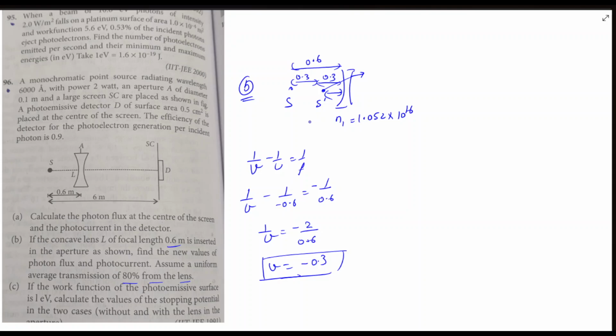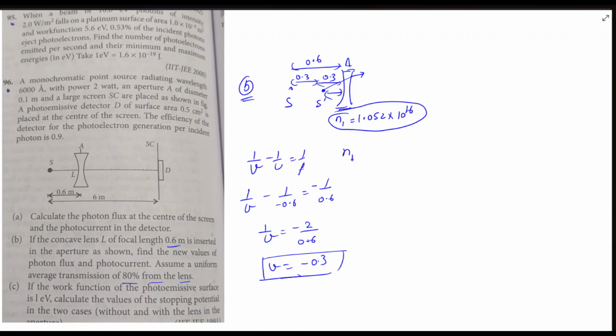Now the number of photons which are falling on this aperture A will be the same. The question is saying find the new values of photon flux and photocurrent, assuming a uniform average transmission of 80% from the lens. So N1 was the same, but only 80% are passing through.